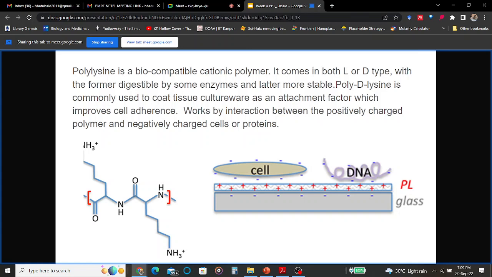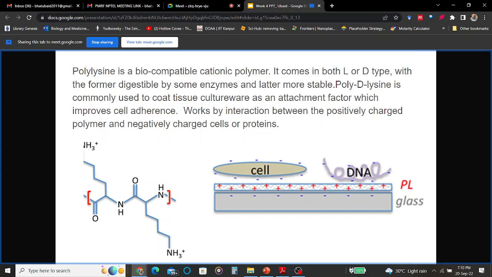But now that has been completely replaced by the coating of polylysine, because polylysine is a non-specific adherent which adheres to all types of cells, because it only works by the mechanism of polarity. It has a positive charge, and the macromolecules or cells which have a negative charge adhere to polylysine.